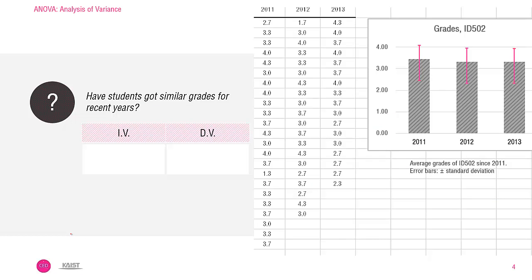Now let's consider some examples of a situation that are suitable for the ANOVA test. The chart here shows 3 average scores of research methodology classes for the last 3 consecutive years. And the arrow bars indicate the plus and minus standard deviation of each sample.